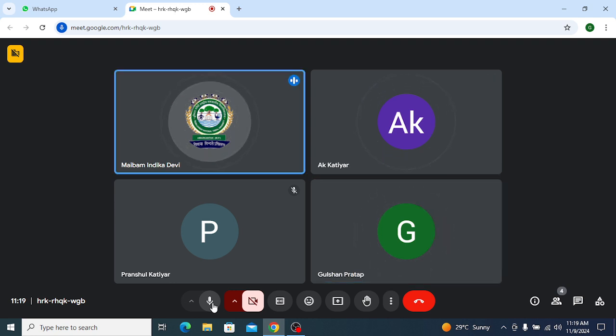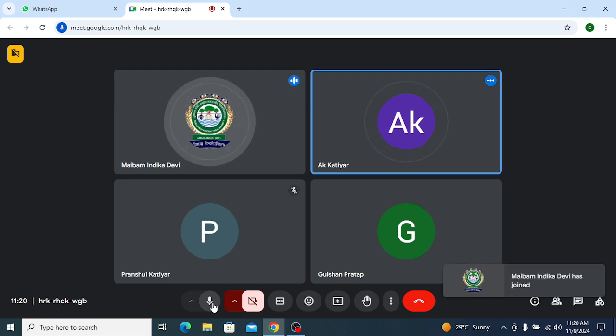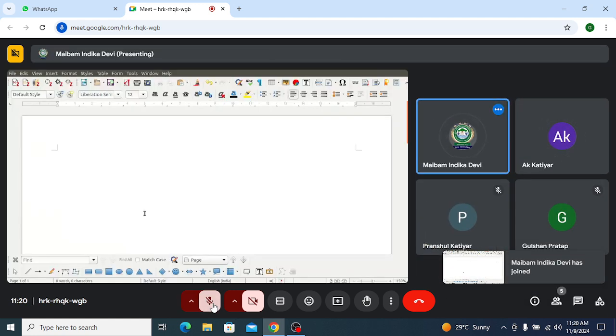Okay, let's take an example then for decimal numbers. The process is the same. Let's say subtraction using nines complement.